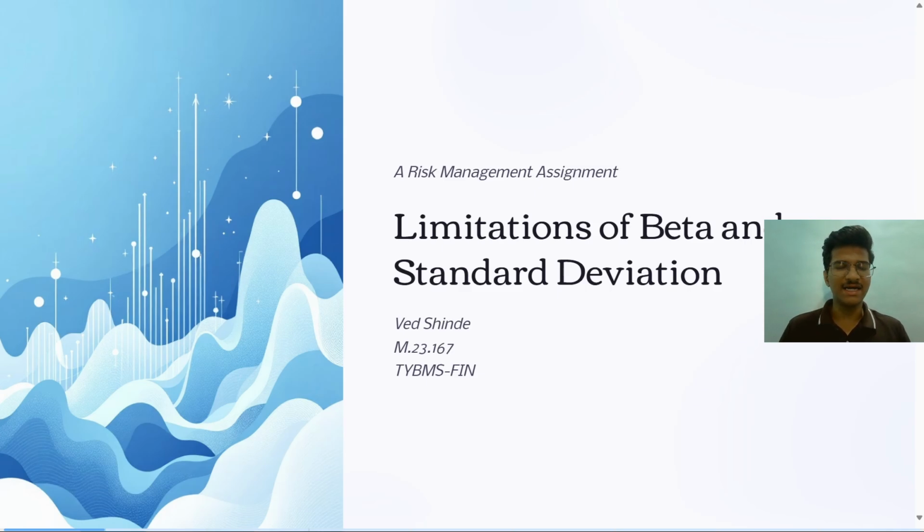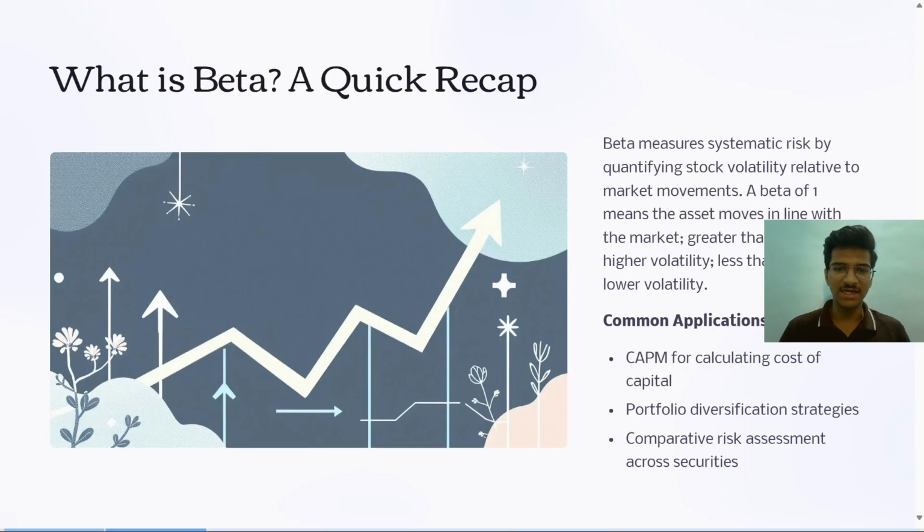Financial markets are dynamic, influenced by multiple factors beyond systematic risks. So understanding these limitations is an integral part of knowing your risk-taking capability and conditions. So let's discuss them in a little more depth.